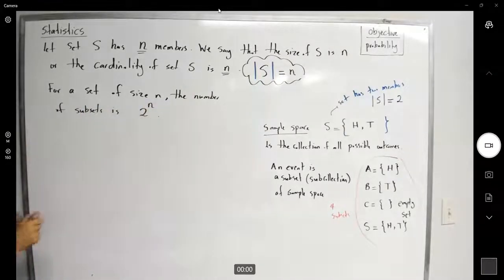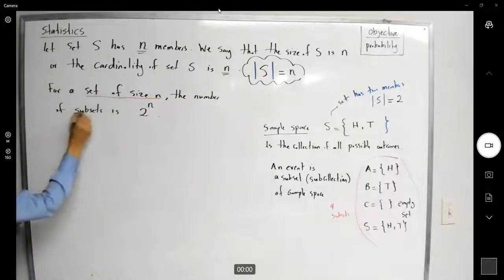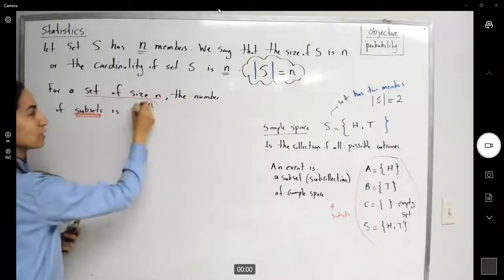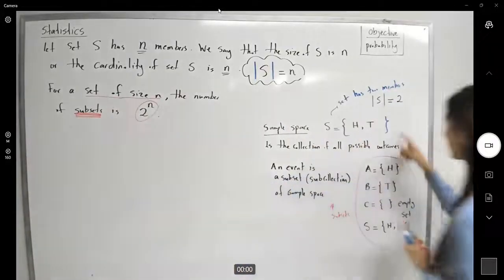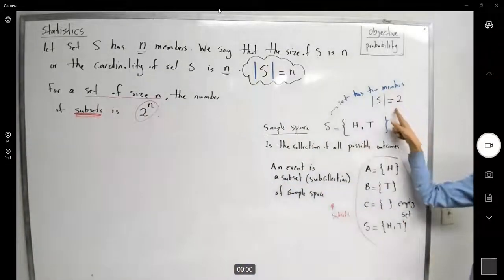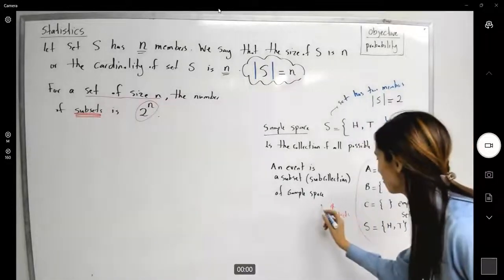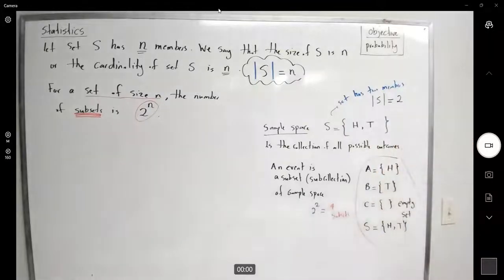So if you have a set with size n, the number of subsets of that set is 2 raised to the power n. Take a look at this. The cardinality or the size is 2. 2 raised to the second is 4 subsets. We expect to get 4 subsets. 2 of them are always fixed. One of them is the empty set.